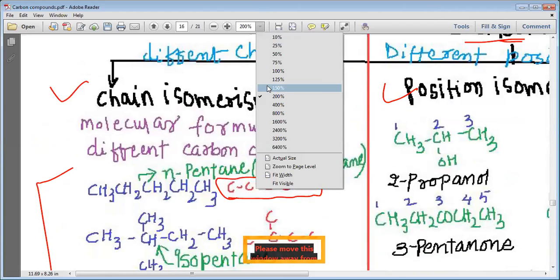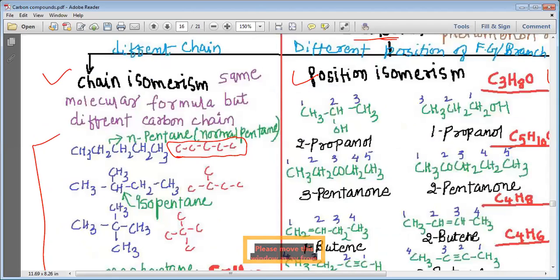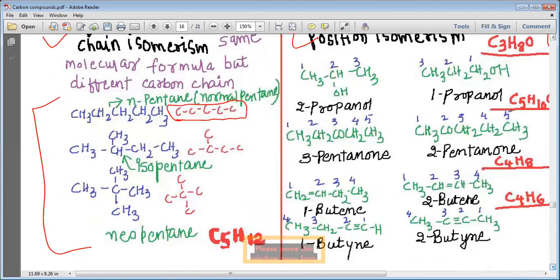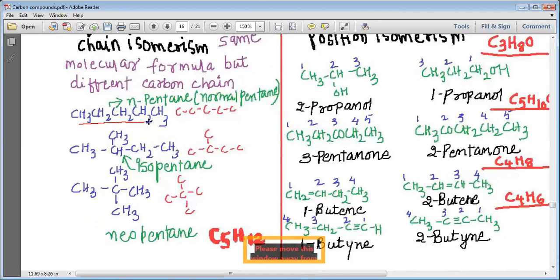In chain isomerism, the compounds have a different chain of carbon. When they have different chains of carbon, such compounds are known as the chain isomers of each other. You can see that we have CH3, CH2, CH2, CH2, CH3. We may have CH3, CH, CH2, CH3 with a methyl group bonded to the CH, and we may have CH3, C, CH3 with two more methyl groups bonded to this carbon.